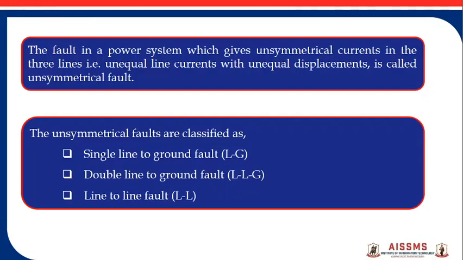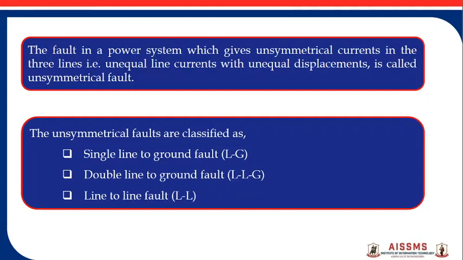We have three symmetrical sequence components: the positive sequence component, the negative sequence component, and the zero sequence component. A set of three balanced phasors which are equal in magnitude, displaced by 120 degrees from each other, and having the same phase sequence as the original phasors is called the positive phase sequence component.